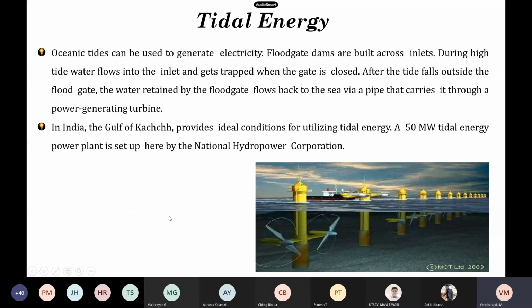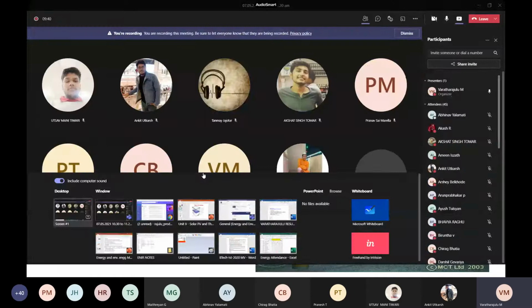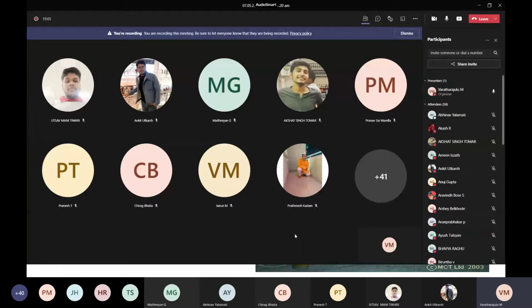Anyone from Gujarat? In our batch, anyone from Gujarat? Dear gentlemen and gentlewomen, are you there? Anyone from Gujarat?